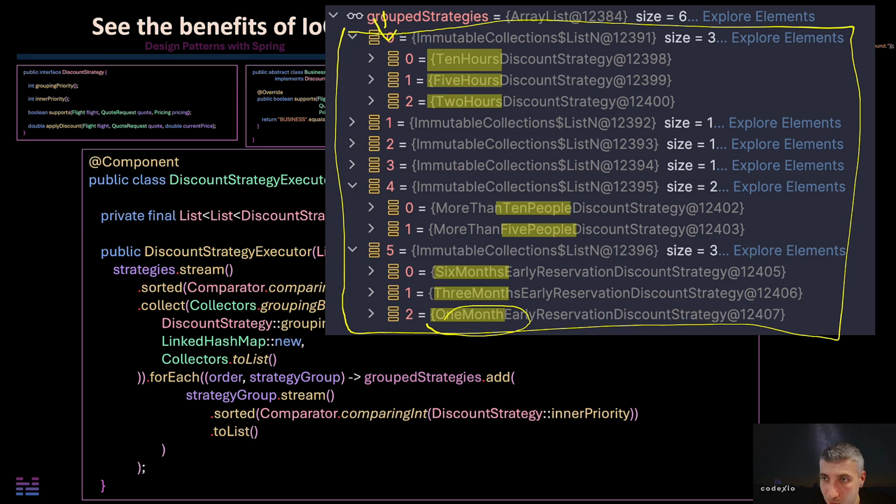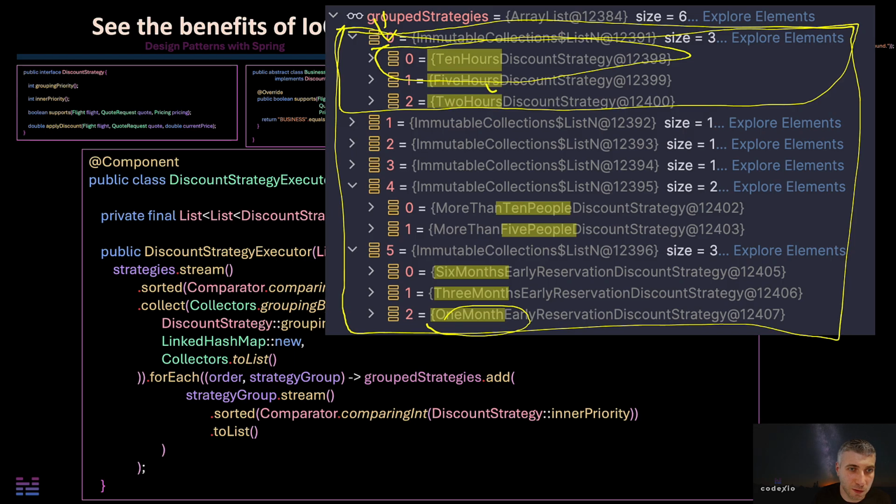So what do we need to do now? Go through all the groups. In each of the groups we need to execute one rule. This one or this one or this one. For instance, when we go to this group here, we cannot execute 6 and 3 months. We need to execute only one of them.